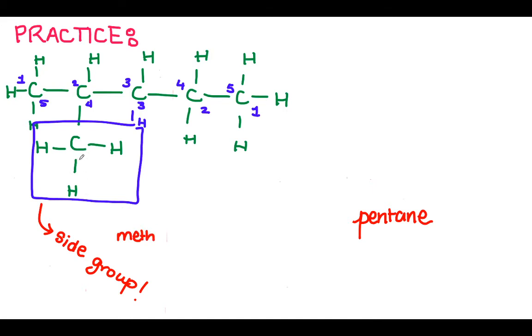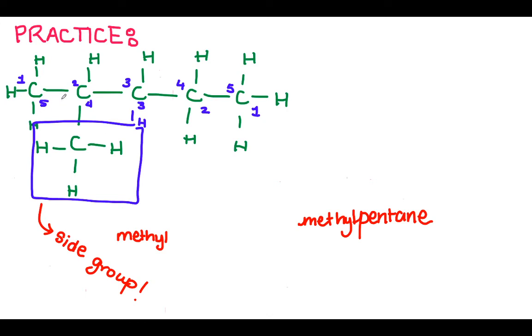But if I'm naming a side group, instead of having the ending ANE, I'm going to have the ending YL. So this is going to be methyl. I know that the methyl is going to be a part of this compound, so I've got methylpentane.